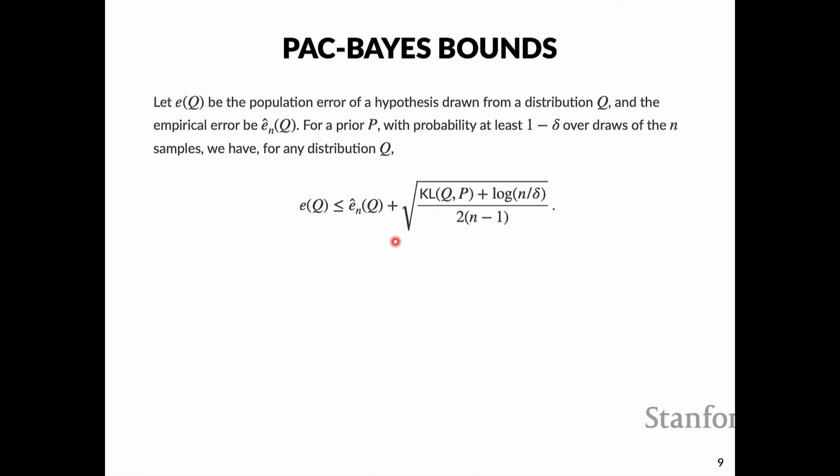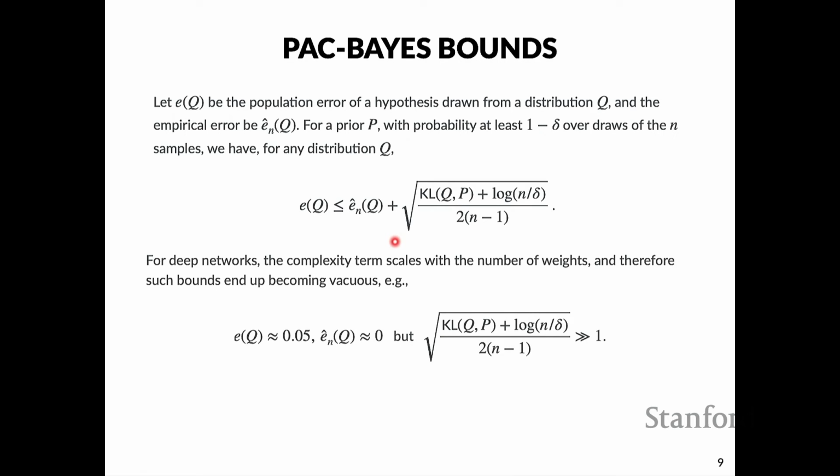In this form, it is about 30 years old, maybe more. What has recently been noticed is that when we plug in numbers into these inequalities, things don't quite work. A typical neural network will have basically zero training error because you're interpolating the data, and so this term is 0. The test error, let's say it is 5%, so this would be 0.05.